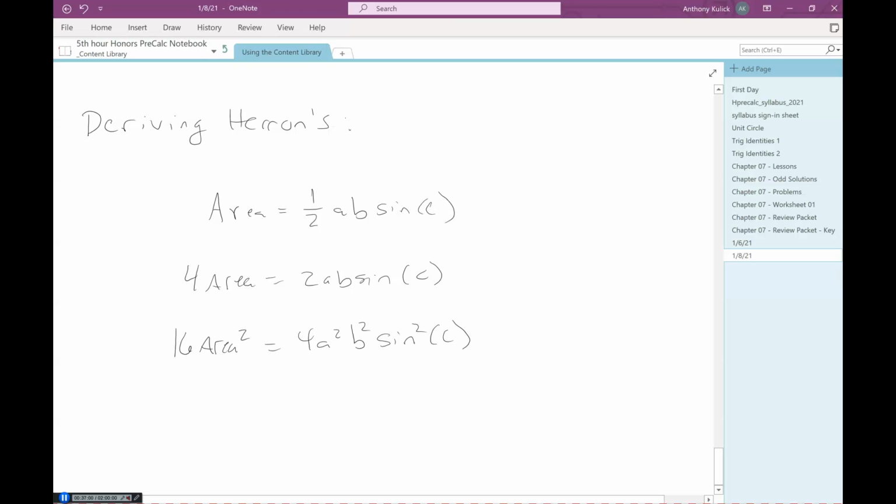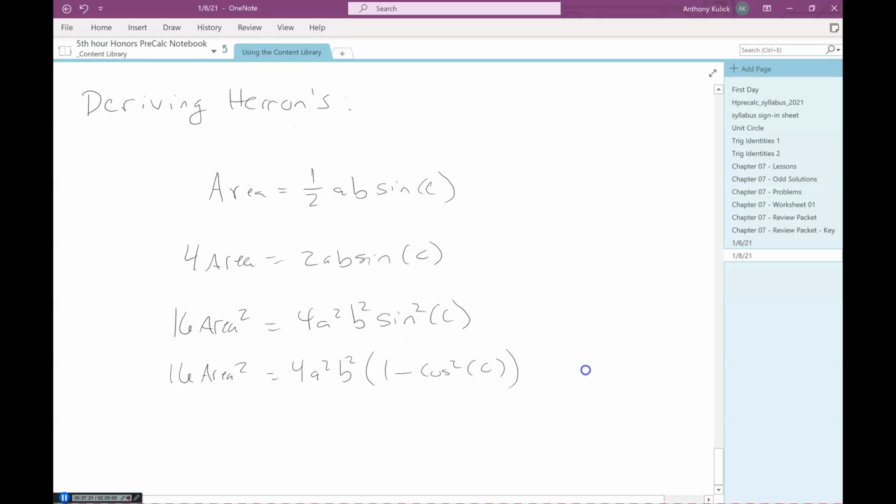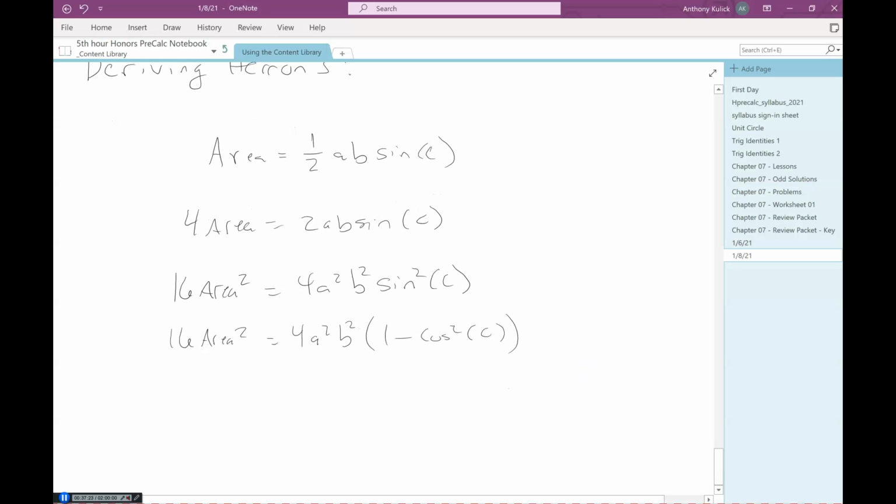Okay there. Next up, I'm going to replace sine squared using an identity. So I know from my Pythagorean identities that sine squared is the same as 1 minus cosine squared. And then I'm going to distribute through that 4a squared b squared.